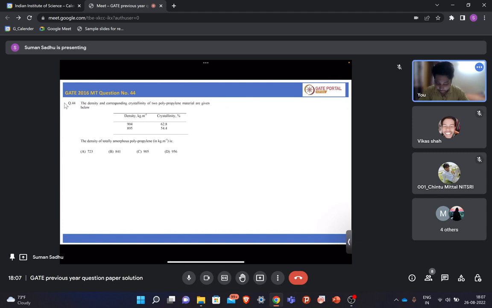The density of the totally amorphous polypropylene in kg per meter cube is: option A 723, option B 841, option C 905, and option D 956. So let us solve this question. Before that, can anyone try to answer how to proceed?